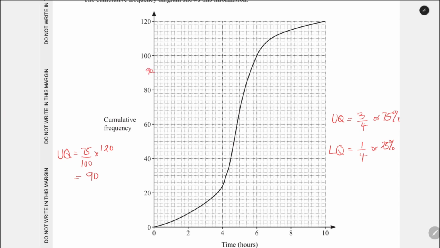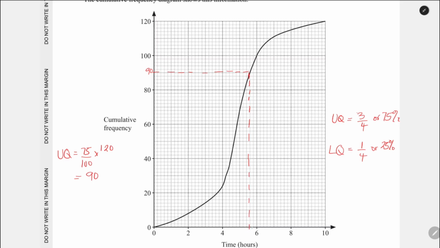So you trace this to the curve and down to the x-axis with a ruler. Okay, that's where it hits the curve and I go down to the x-axis. My line was pretty bent there, so let me do that properly.